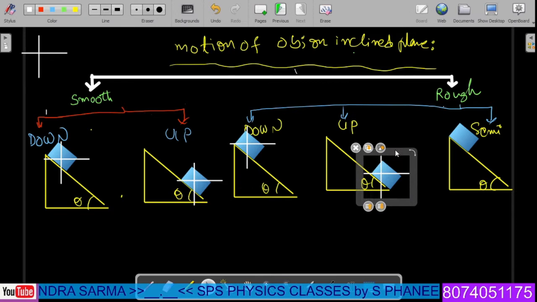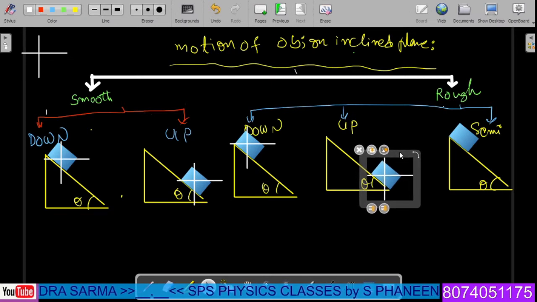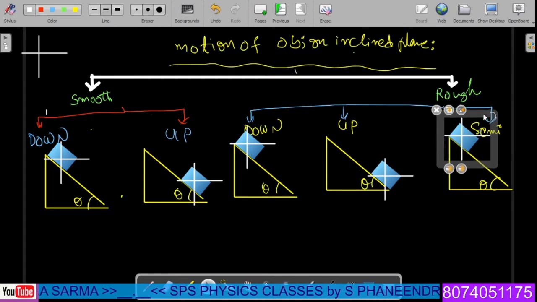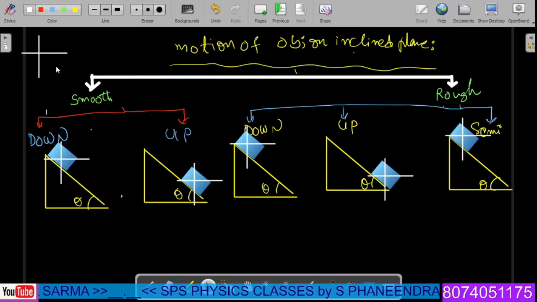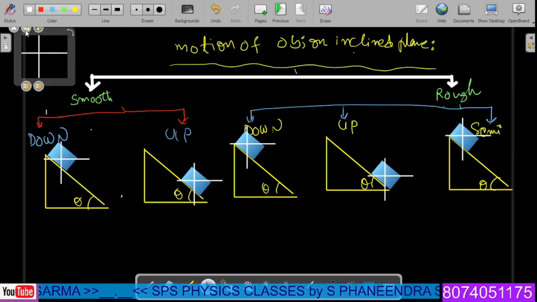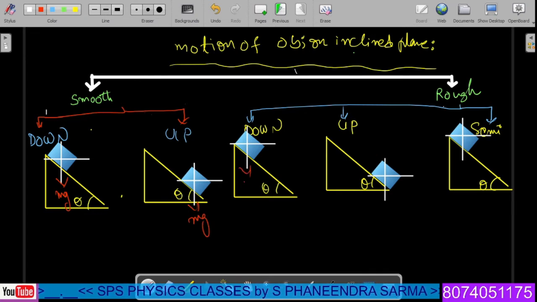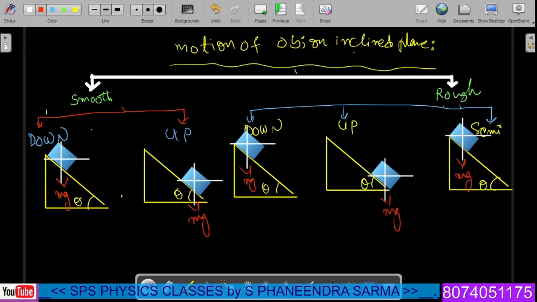So in this particular condition, these particular things will represent the x-axis, y-axis, and as well as the z-axis. Now in all cases, we have vertically in the downward direction this particular component of force called the gravitational force mg. Standardly, vertically down we have the force of mg in all cases.